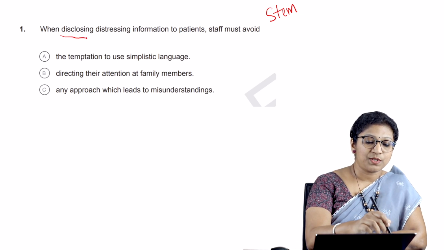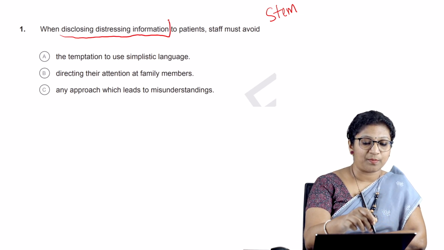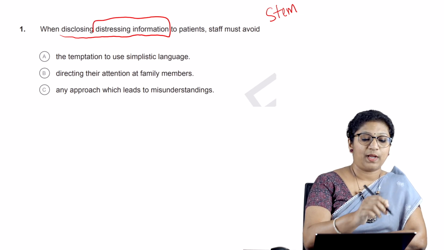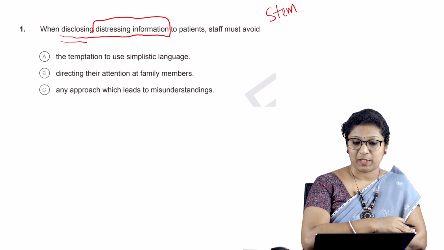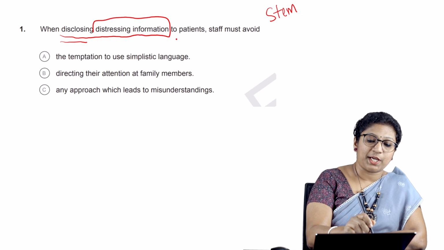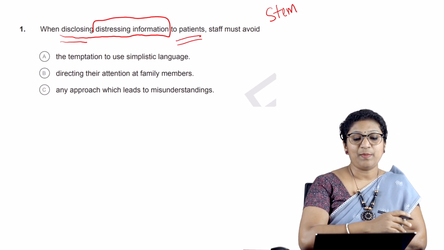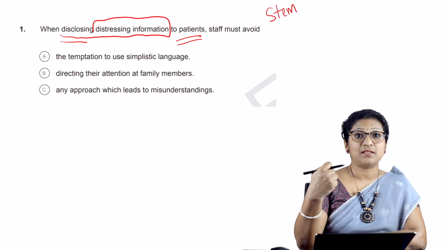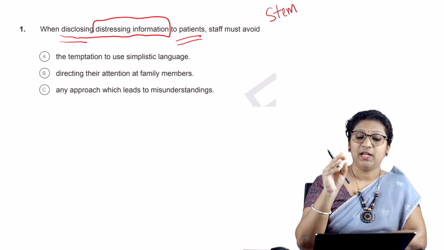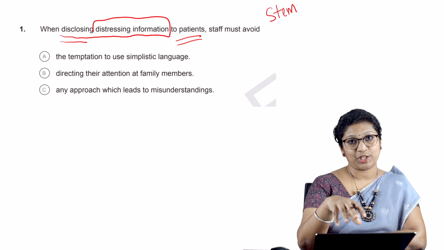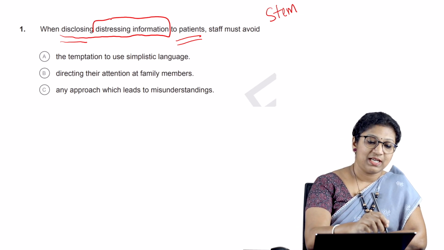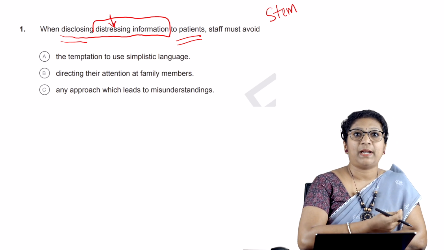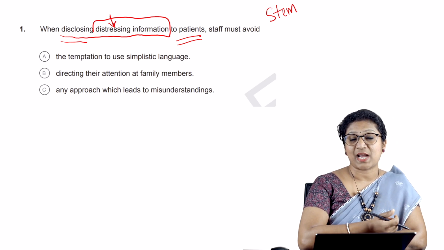When disclosing distressing information to patients. We don't have to focus on family members, bystanders or relatives. We focus on disclosing information to patients. And what kind of information? Distressing information, things that are not pleasant, sad, maybe about death or a terminal illness.